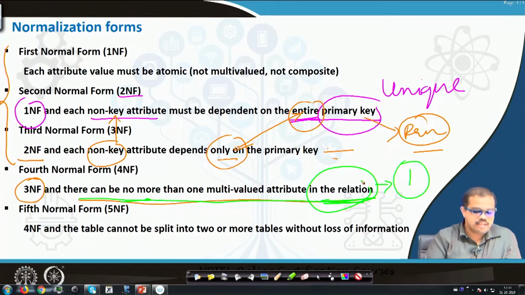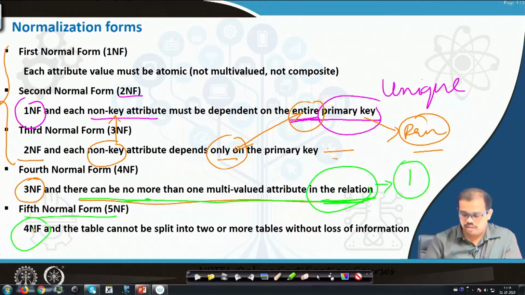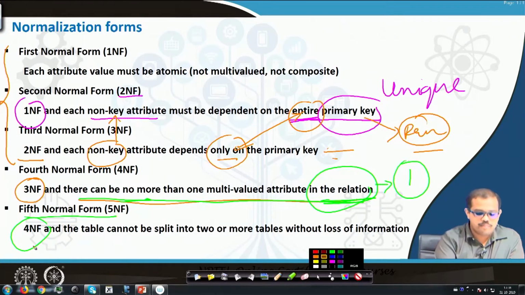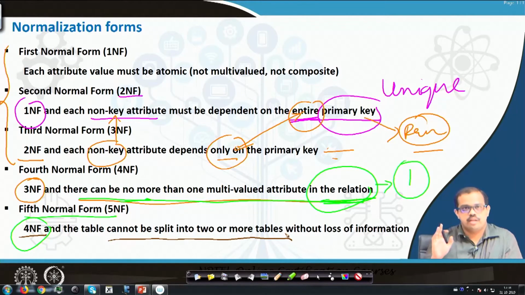The final thing is the fifth normal form. Fifth normal form again has to be in the fourth. If your data has to be in fifth normal form, the first thing is it satisfies the fourth normal form conditions, then the table cannot be split into two or more tables without a loss of information.